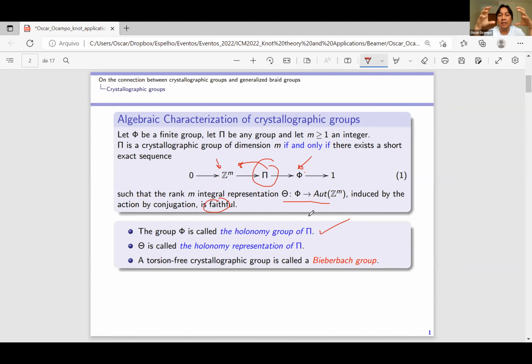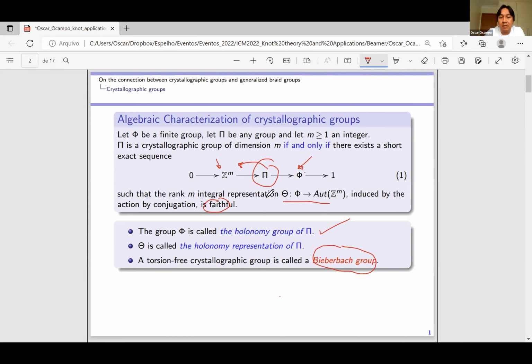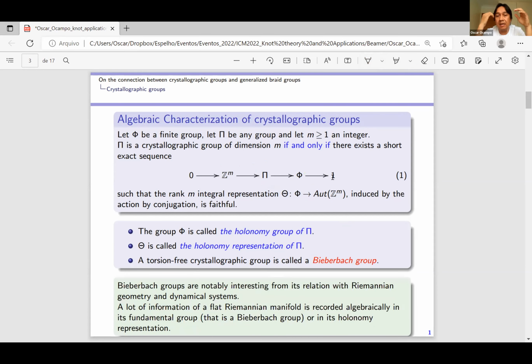These words come from Riemannian geometry. When you have crystallographic groups that are torsion-free, they are called Bieberbach groups.